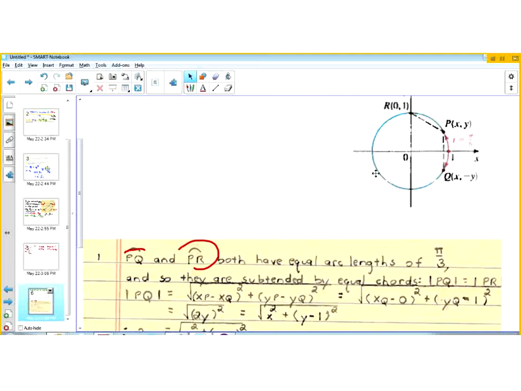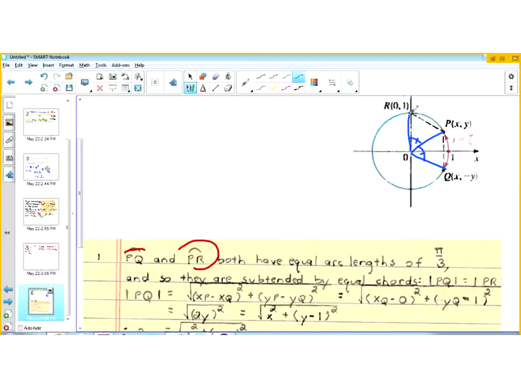And since the arcs are subtended by equal angles, say we call the measure of this angle theta, then this arc is subtended by an angle of the same measure right here. So these two angles have the same measure.